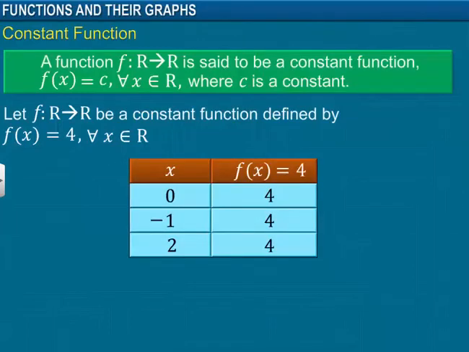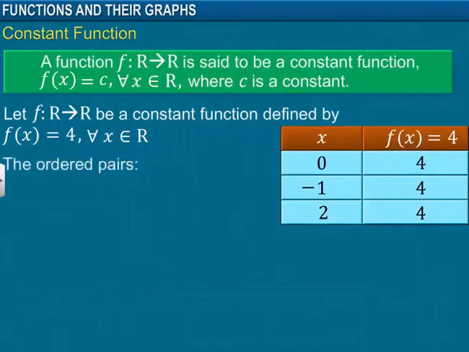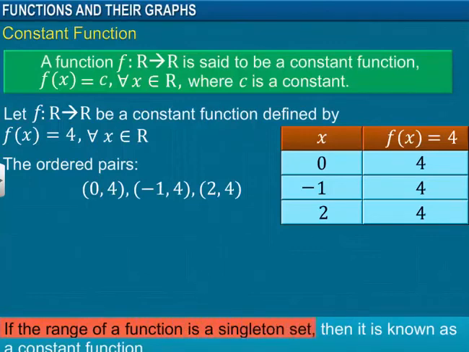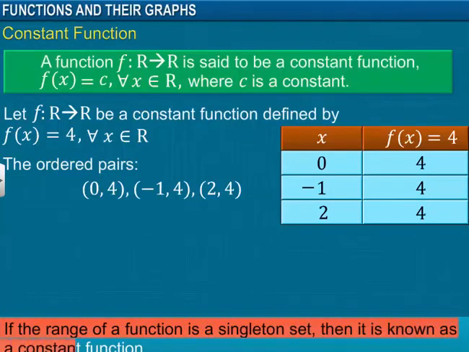Some ordered pairs satisfying the function are shown. Observe here that in all the ordered pairs, the second elements are the same. That is, the range has only one element, that is 4. In other words, if the range of a function is a singleton set, then it is a constant function.